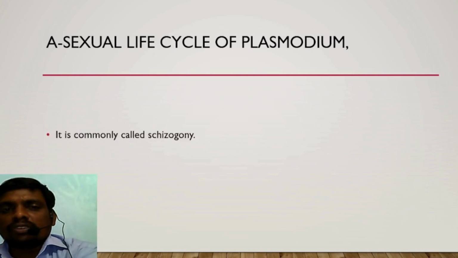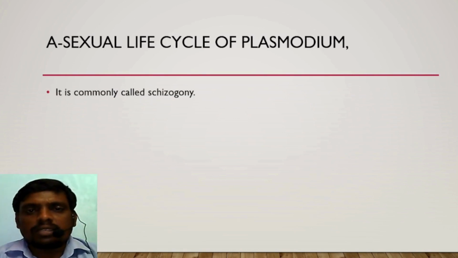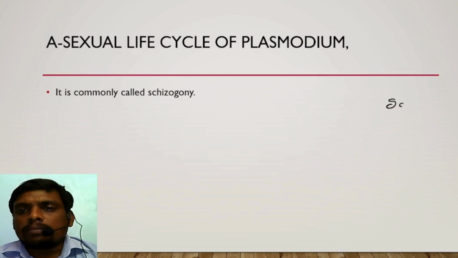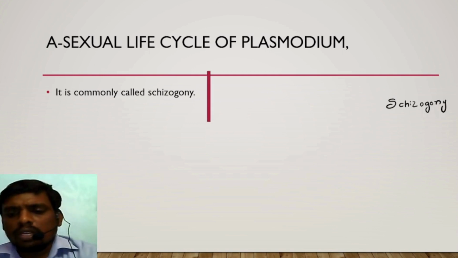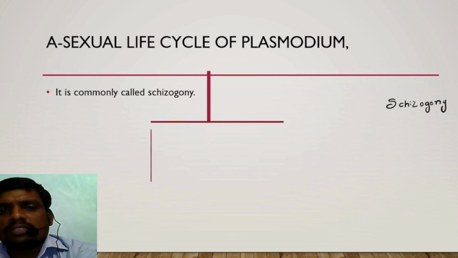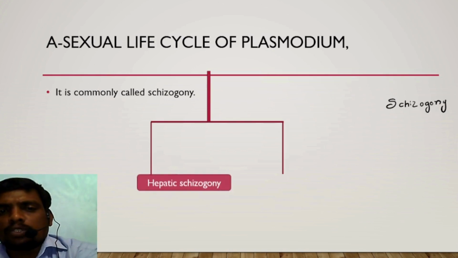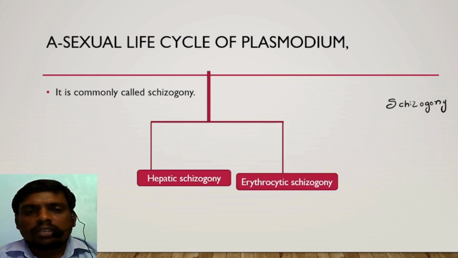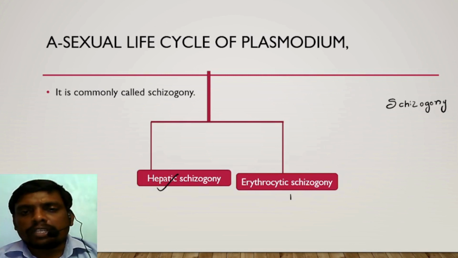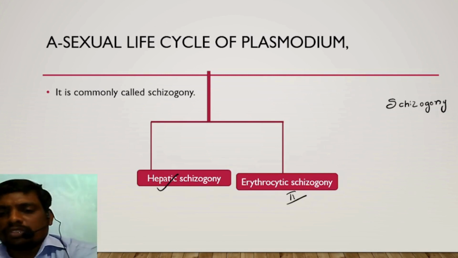The asexual phase of the life cycle in Plasmodium is commonly called schizogony. What is that called? Schizogony. Now, the schizogony is classified into basically 2 different types: the hepatic schizogony, the first one, and the second one is erythrocytic schizogony.